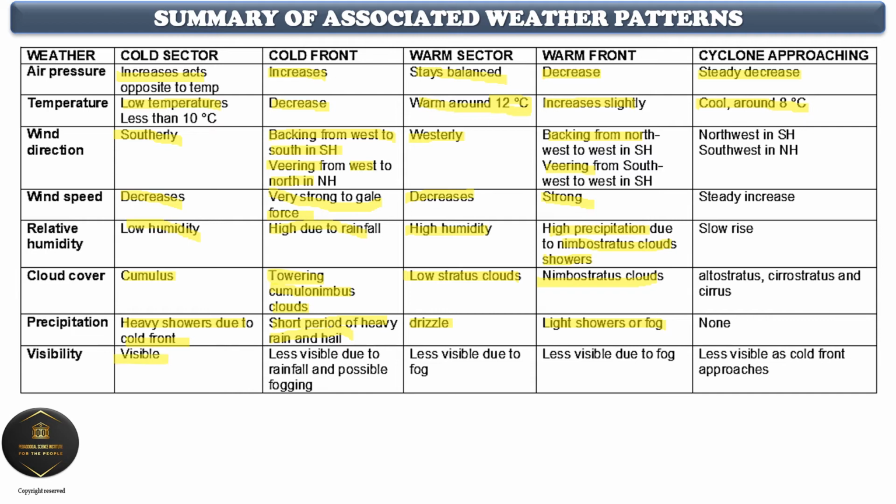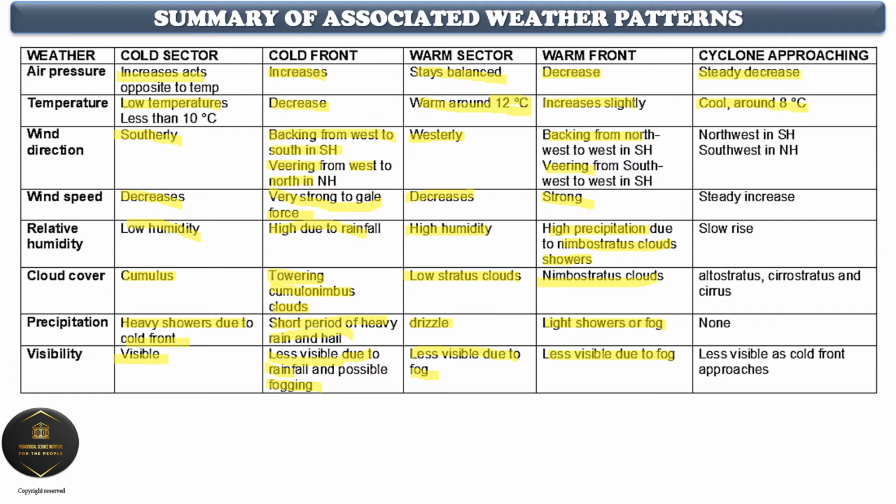Remember that we have dense air that is dry. What decreases the visibility is the moisture. Remember that. So we have less visibility with the cold front, simply because we have rainfall and fogging being a possibility. The warm sector also less visible due to fog as a result of the warm air there. And again, in the warm front, you'll also have the same.